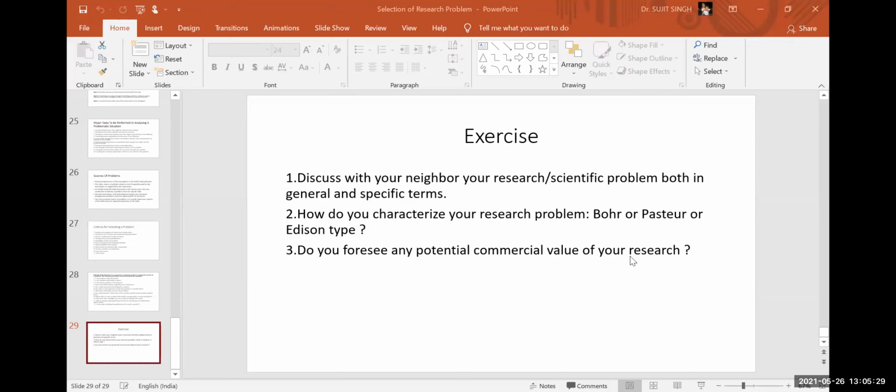Each student will first start with the broad area in which he wants to pursue his thesis. I want the summation of the broad research area from each and every student along with the group name. Future exercises will be based upon these groupings, right?